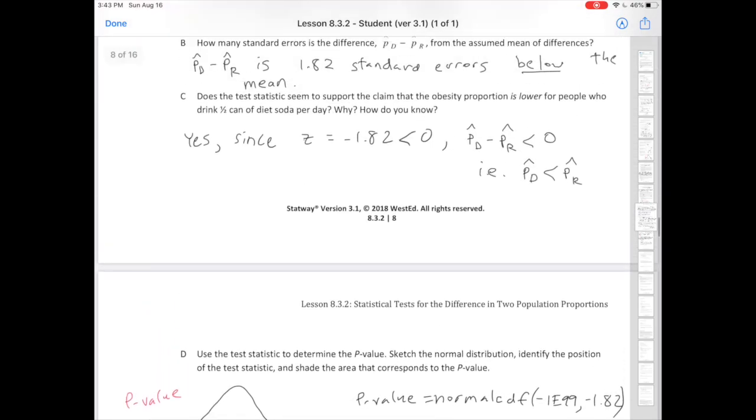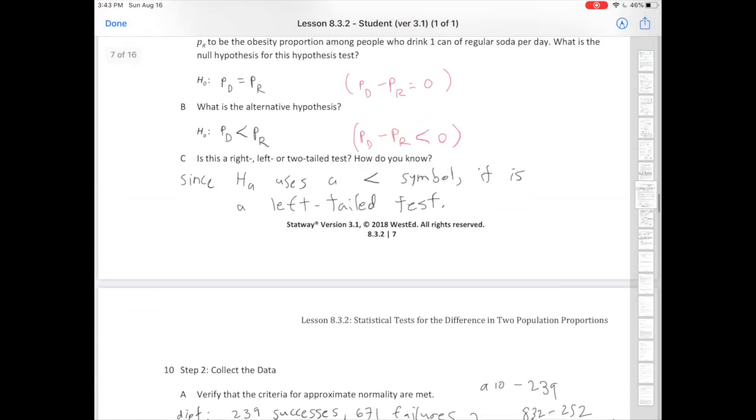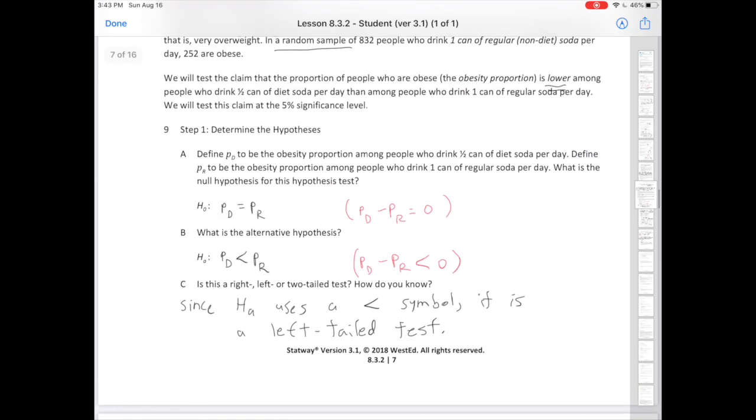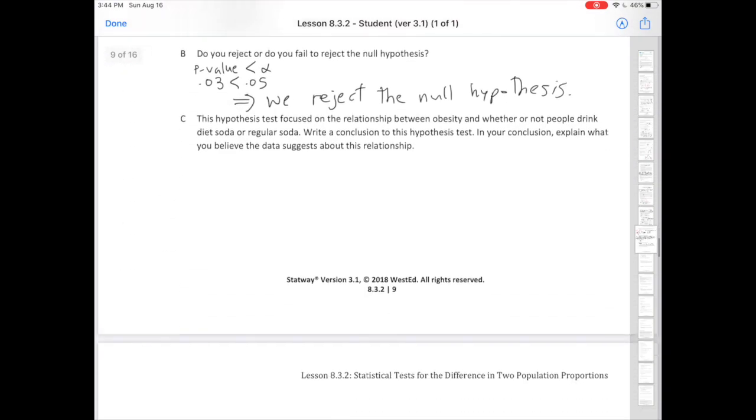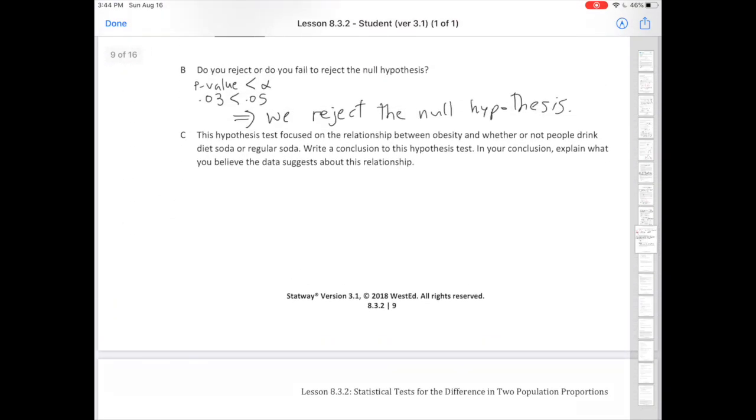So what is the alternative hypothesis? Remember, the alternative hypothesis is that PD is less than PR. What does PD less than PR mean? It means that the proportion of obese people amongst diet soda drinkers is less than the proportion of obese people among regular soda drinkers. So let's go ahead and write that down.